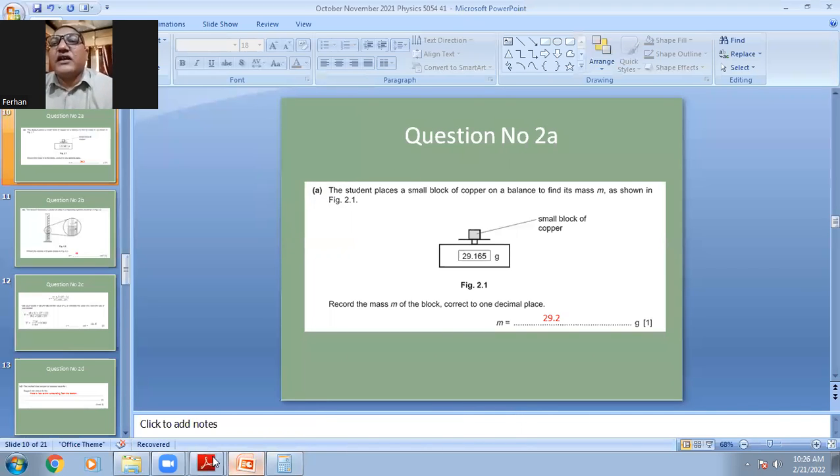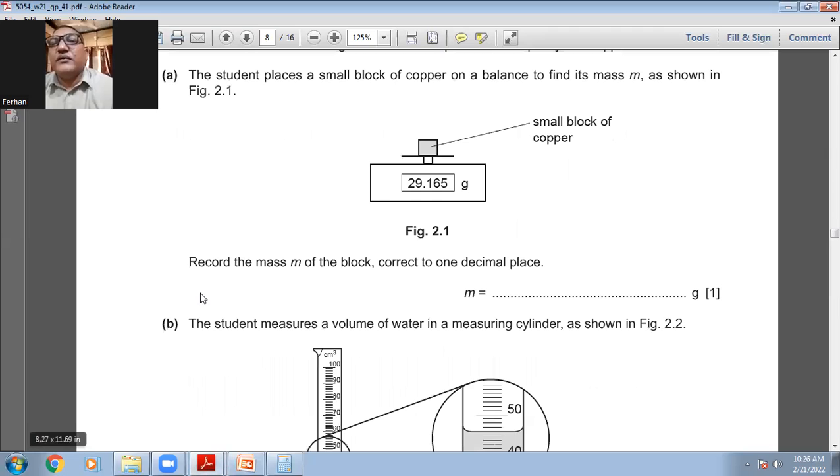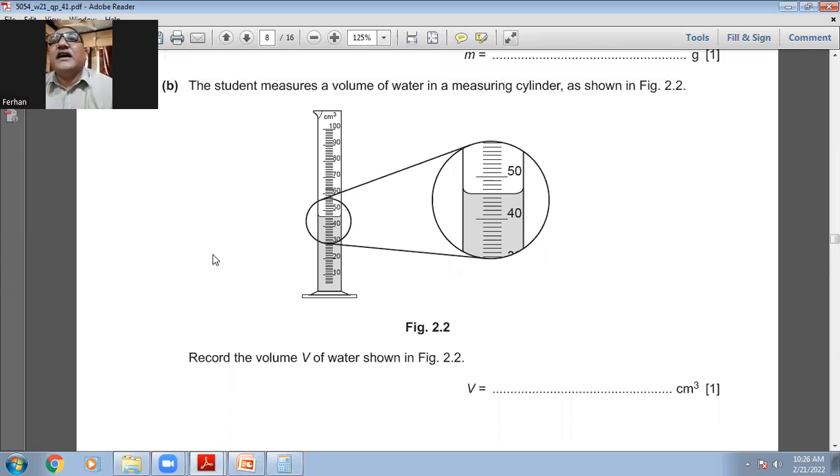The next part, part B: the student measures a volume of water in a measuring cylinder as shown in figure 2.2. Record the volume V of the water shown in figure 2.2. So what is this reading? It is 41, 42, 43, 44, 45, 46, so it is 46 centimeter cube.